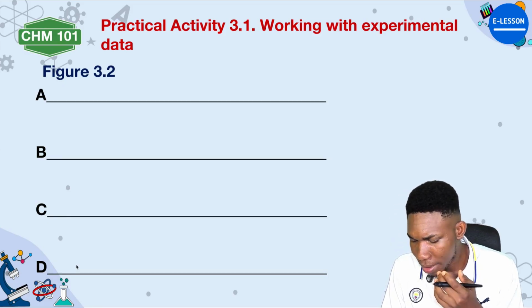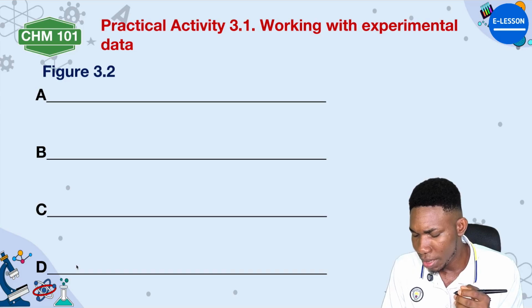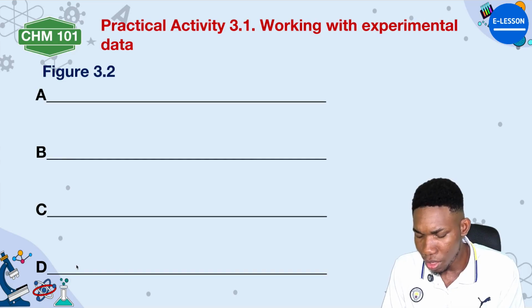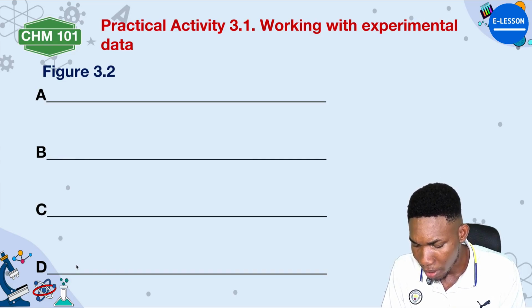Each of them is 3, 3, which is 6. So this is 1, 2, 3, 4, 5, 6. Between each of them is 6, if you look at it very well for the calculation.